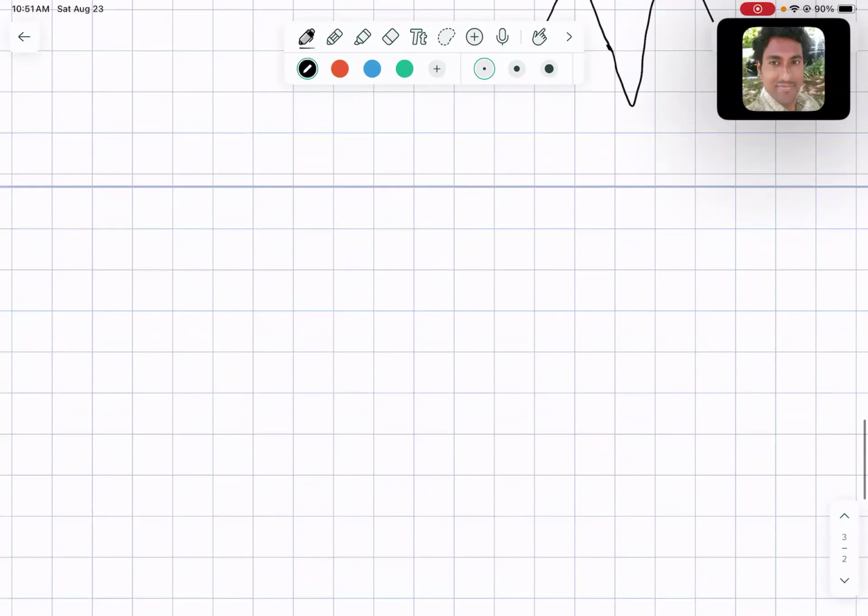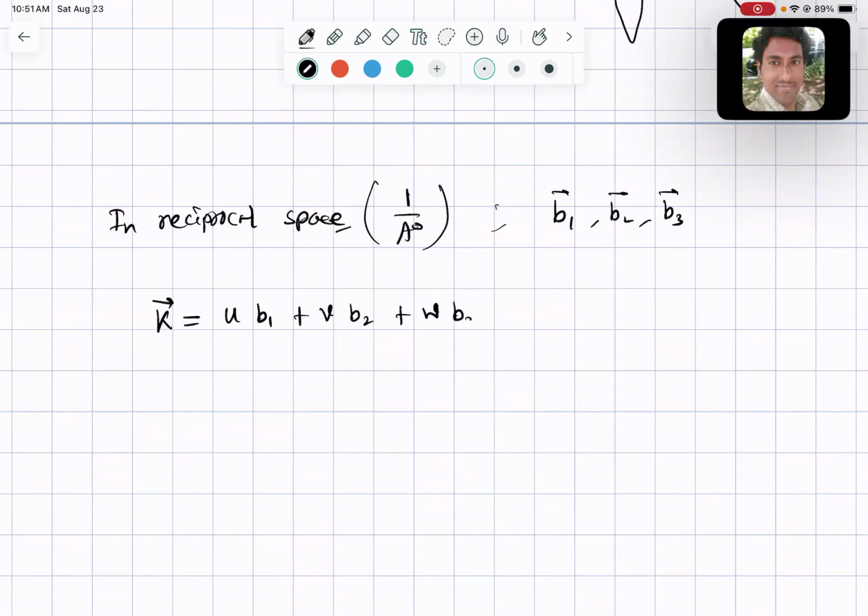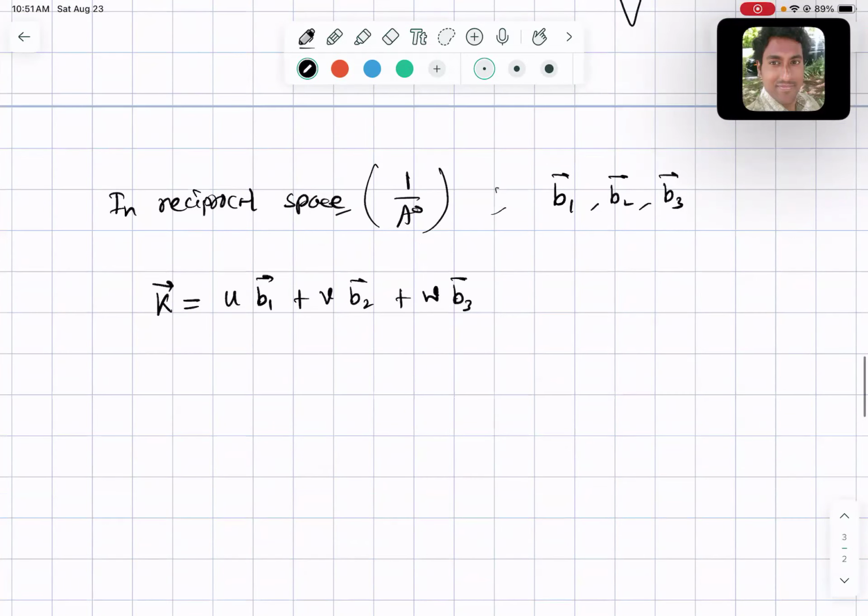So in reciprocal space, meaning 1 over meter, inverse Angstrom unit space, where we have b1, b2, b3 as unit vectors, we can write the k point like this. I think we use u b1 plus v b2 plus w b3. It's similar to G, but a little bit different.